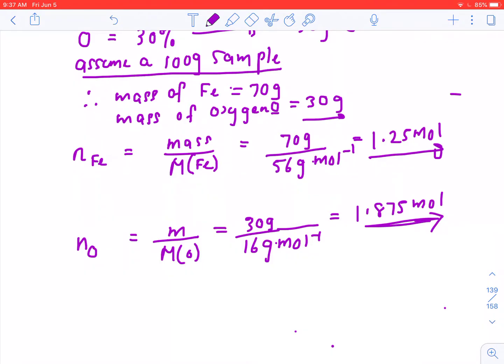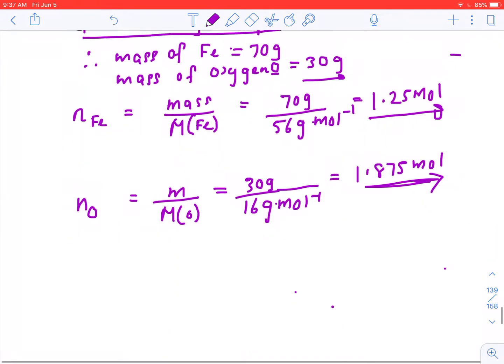So you've got the relative amounts in terms of moles.